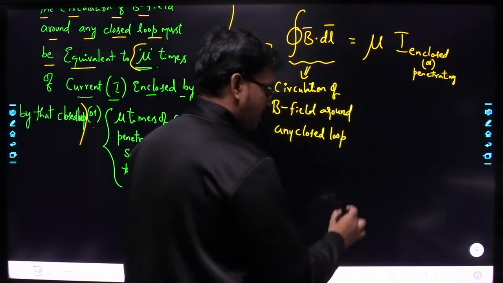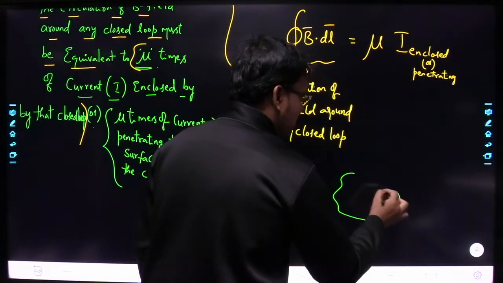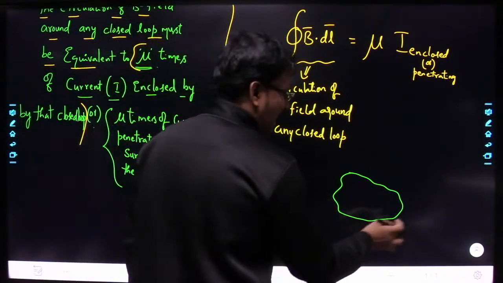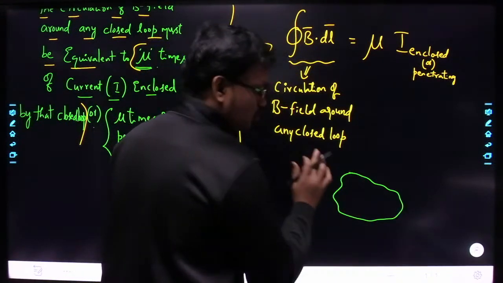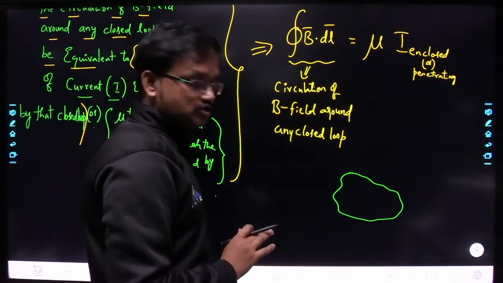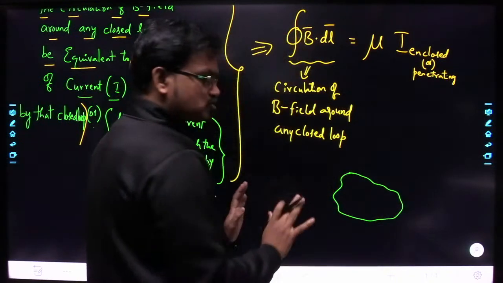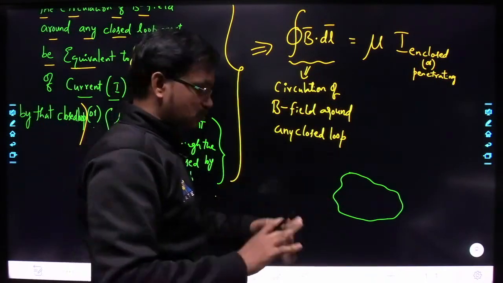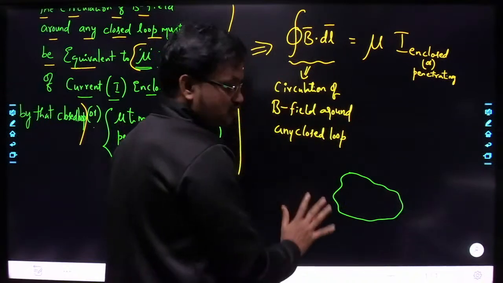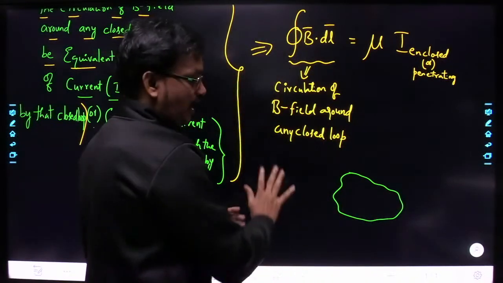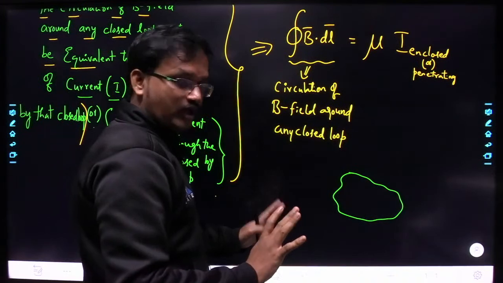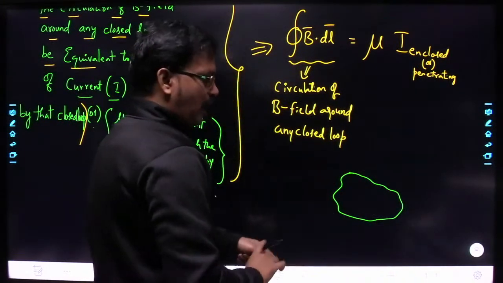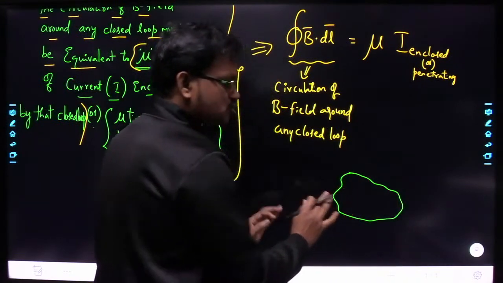Now you want to determine how much of this B field is circulating, or how much of this B field is aligned around this closed loop. So I am choosing some arbitrary closed loop here. The loop is separate, the field is separate, remember that. Let's just assume there is a B field in this region, and now I have considered some arbitrary closed loop.